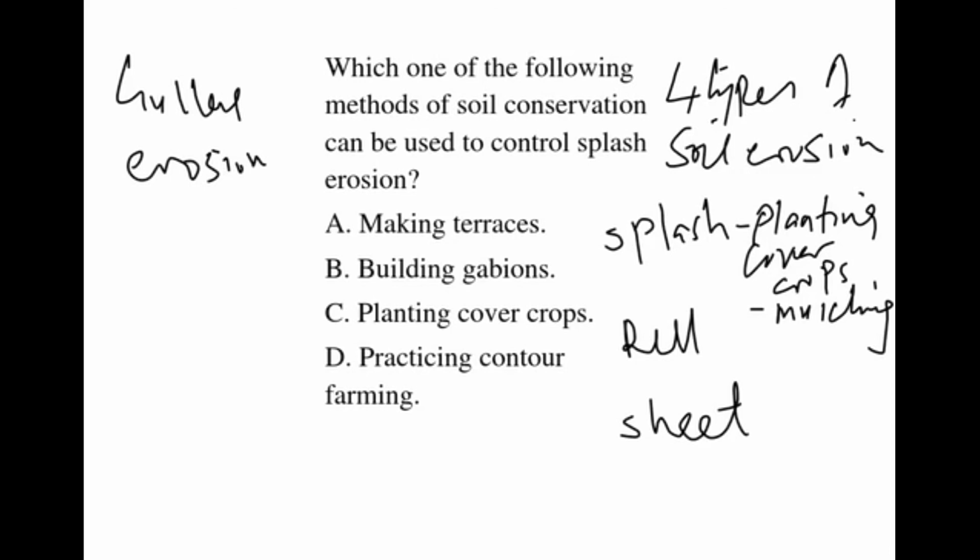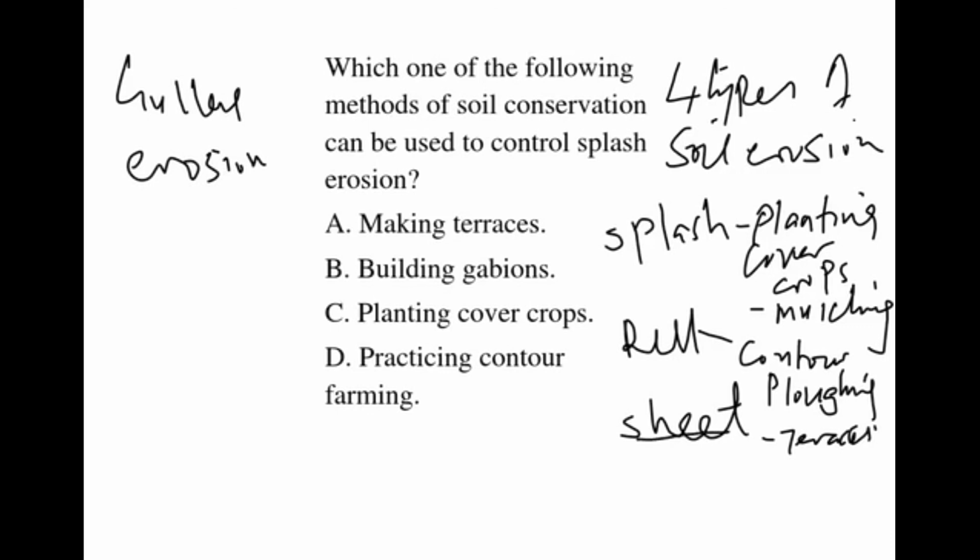Rill erosion can be prevented through contour farming, and also terraces can be used to control rill.